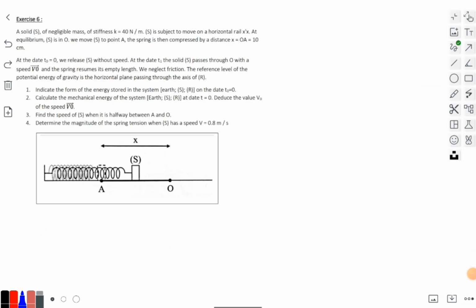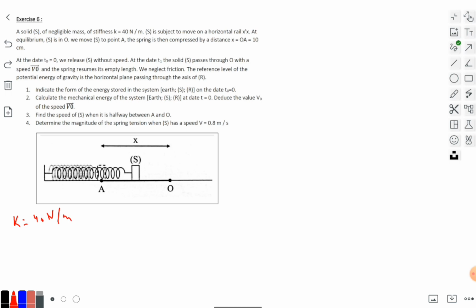Exercise 6. A spring R of negligible mass of stiffness K equal 40 Newton per meter. A solid S is subject to move on a horizontal ray x prime x.